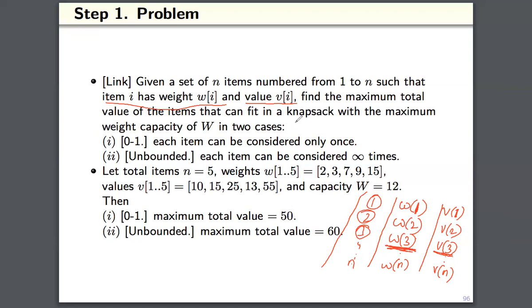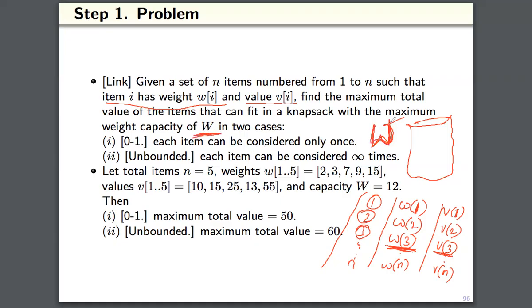What is the goal? You have a knapsack, which is just a bag. You want to add some of these items to the knapsack, which has a capacity W. It can hold at most W weight.